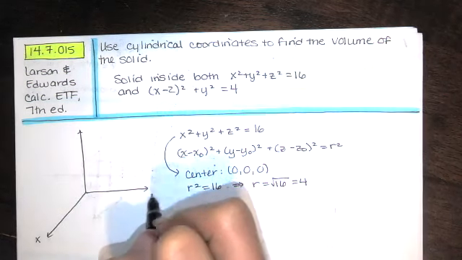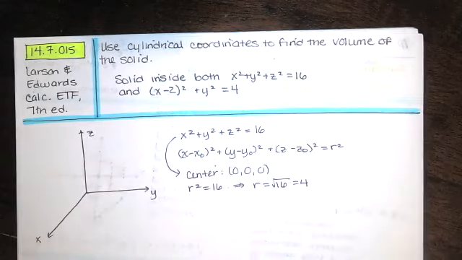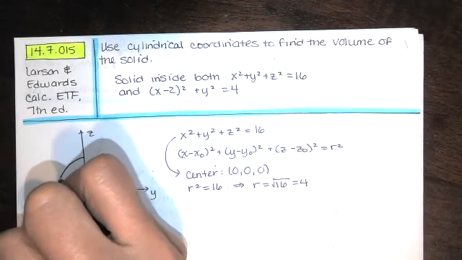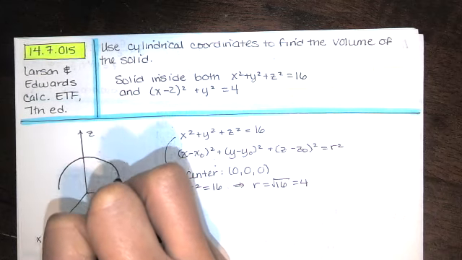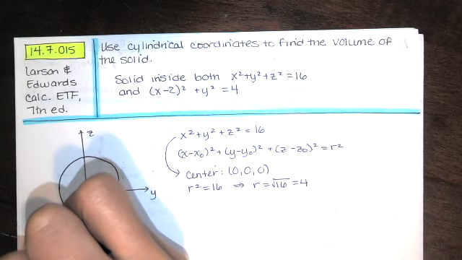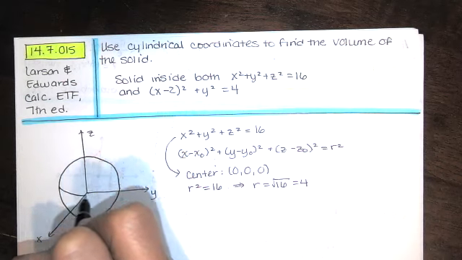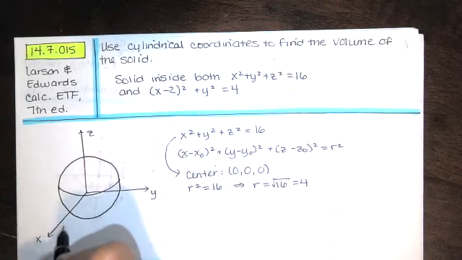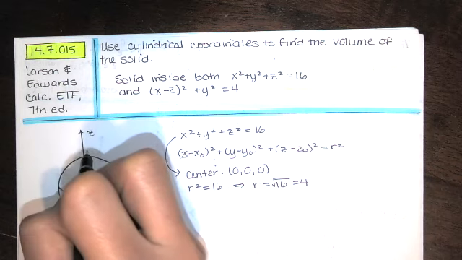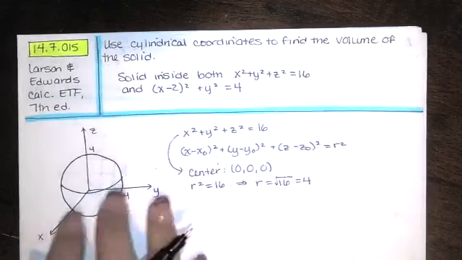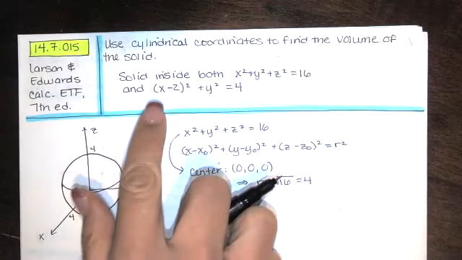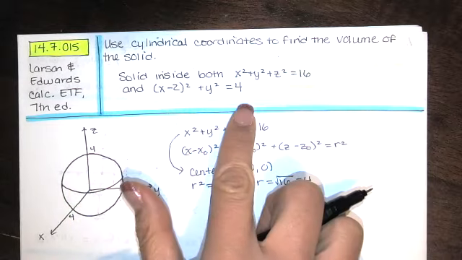So over here in three-dimensional space, I'm going to sketch a sphere of radius 4. The way I tend to sketch that is to just draw a circle, and then I add another line for dimension. Okay, so we're inside that sphere, and we're also inside the cylinder defined by this.